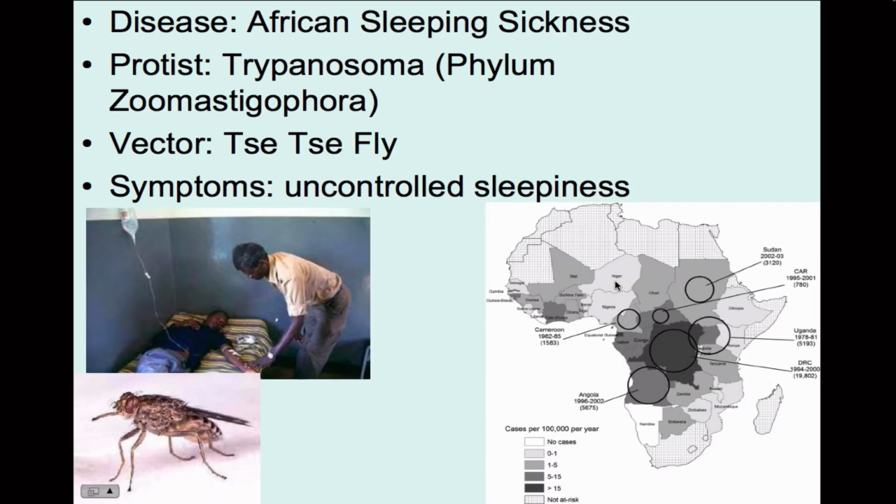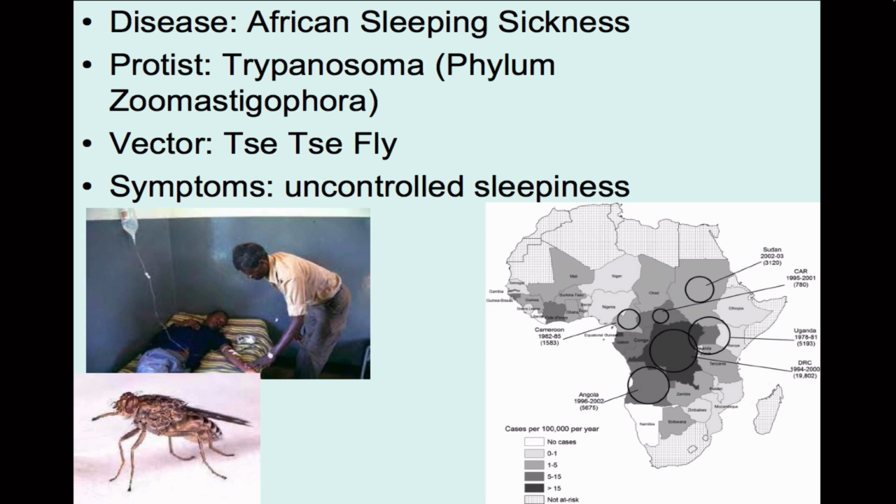All right, the next disease is African sleeping sickness, and this is caused by a protist called Trypanosoma, and it's in the phylum Zoomastigophora. I'm going to trip over that word a little bit. And the way that it's transported is through the tsetse fly. And so this fly will bite people, and it will pass on this protist, and this builds up in the bloodstream, and it actually causes uncontrolled sleepiness.